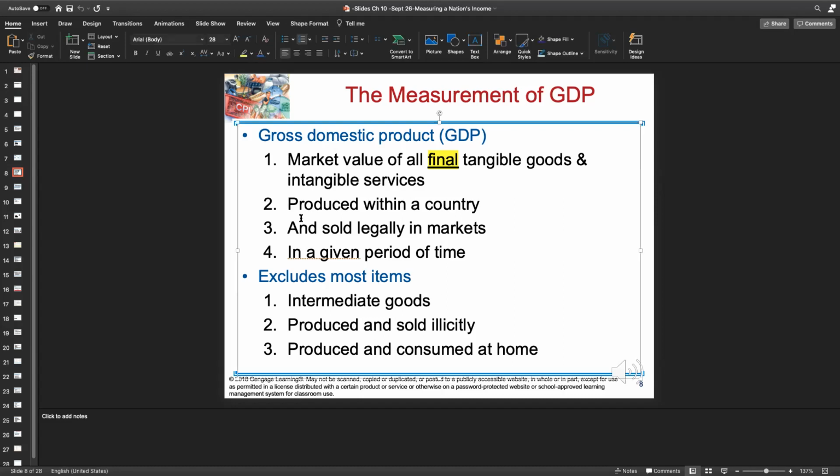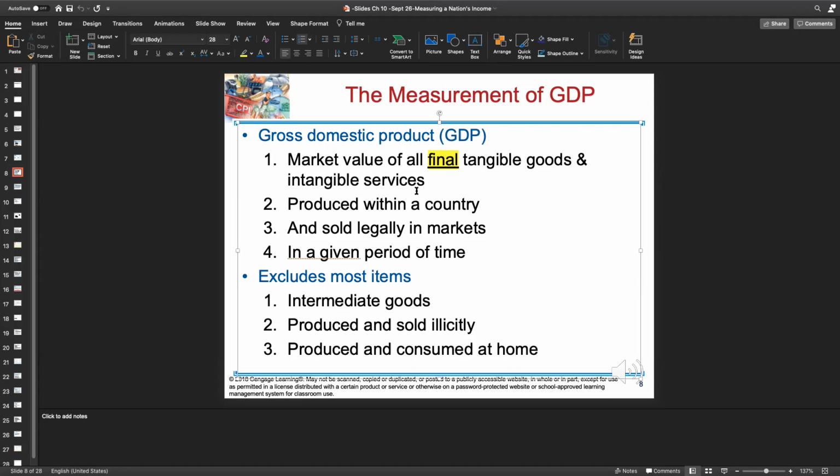And then second, when you're measuring the gross domestic product, you have to consider that it should be produced within a country. This means that even if BMW is a German manufacturing company, if they are producing their BMW automobiles in the United States and employing American laborers, they produce within the United States.